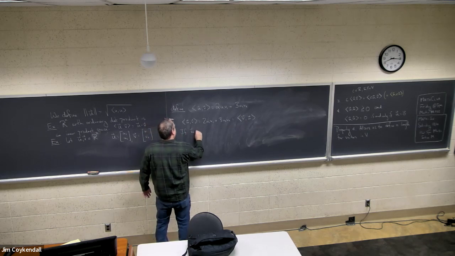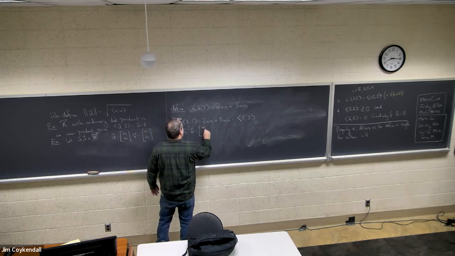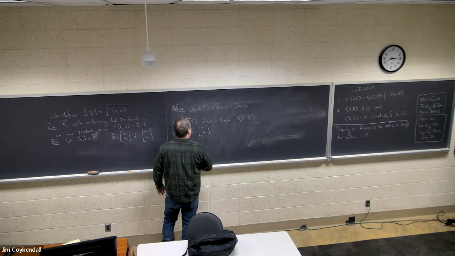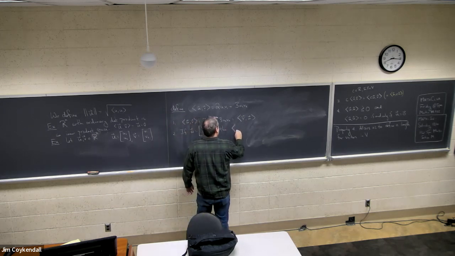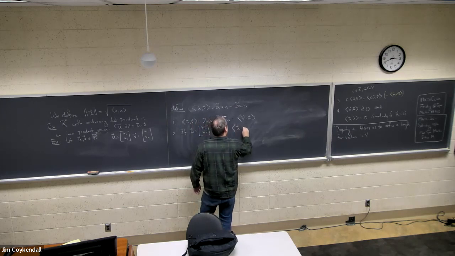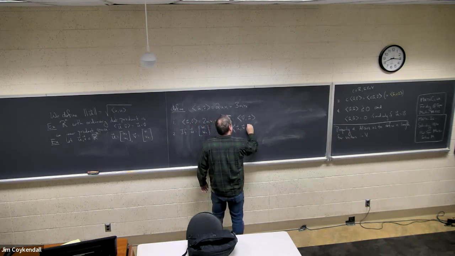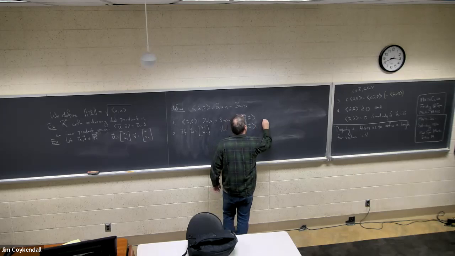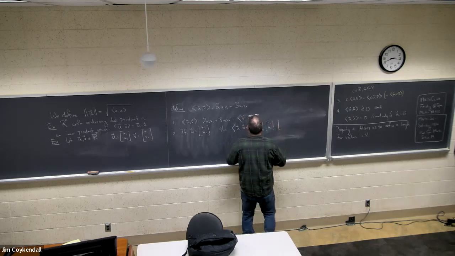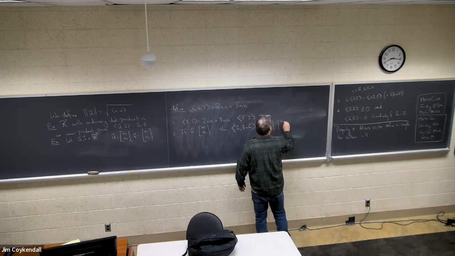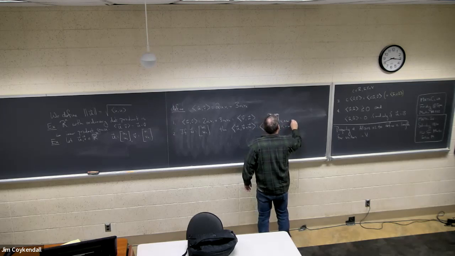If w is equal to (w1, w2), then the inner product of u with v plus w is the inner product of (u1, u2) with (v1 plus w1, v2 plus w2).